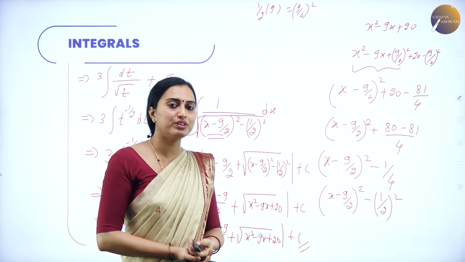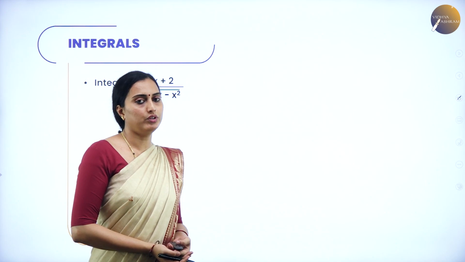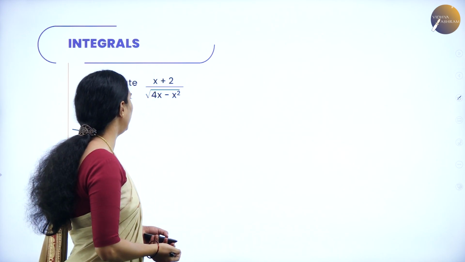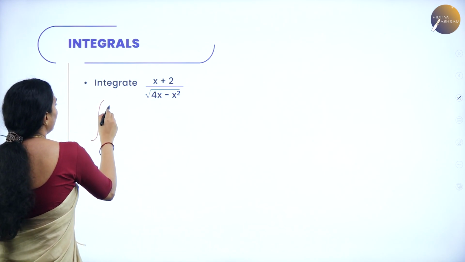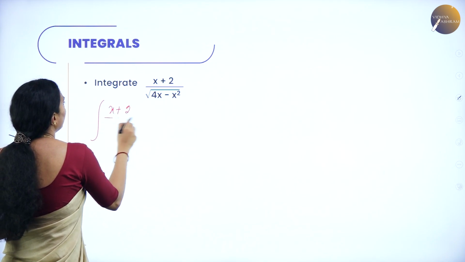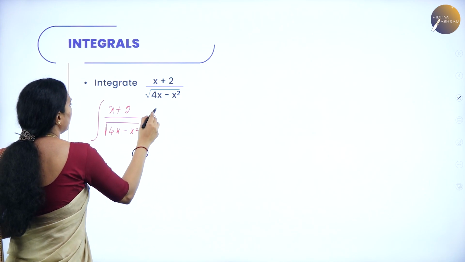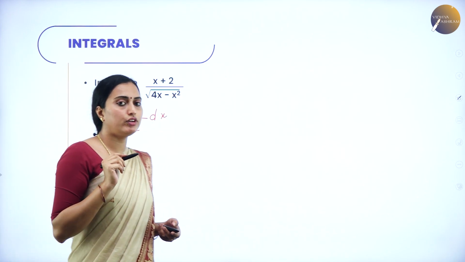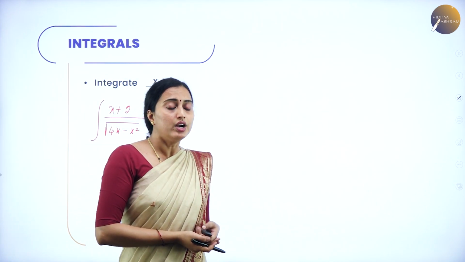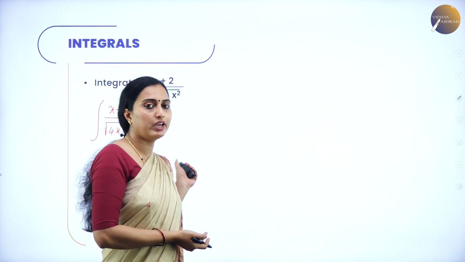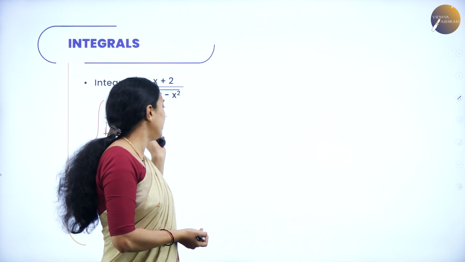Now we'll be moving on to the next problem, dears. What they've asked here is to integrate, let me write this symbolically, x plus 2 divided by under the root of 4x minus x squared dx. Now, does the differentiation of the denominator give you the numerator? No. The differentiation of the denominator is 4 minus 2x, and in the numerator you are having x plus 2.